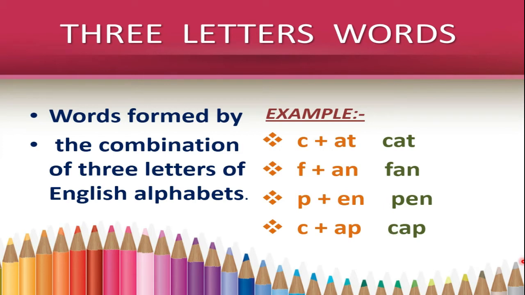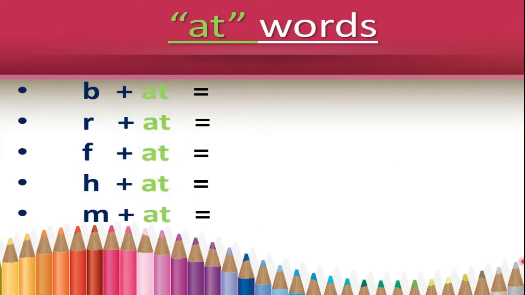Now from each two-letter word we will learn to form 4 three-letter words today. Are you all ready? Okay, then let's start. First we have A-T.